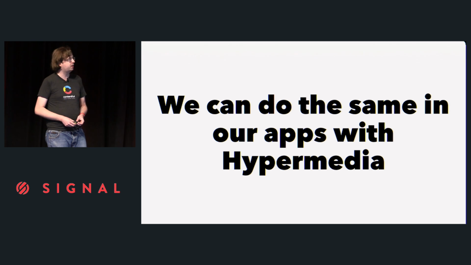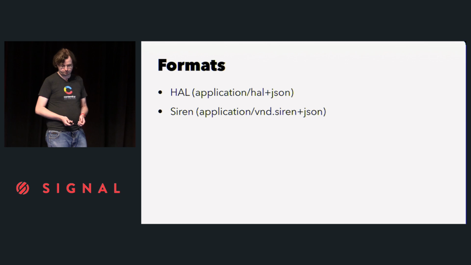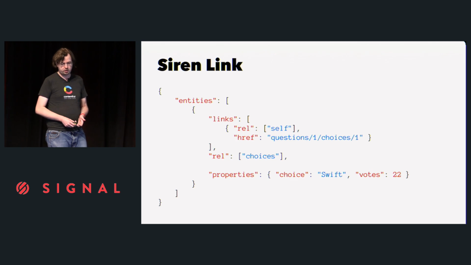And we can do something similar in our apps with hypermedia. There are two main formats for declaring hypermedia things for your API. One is HAL, the other one is Siren, and we're going to look at Siren. Basically, this is a JSON format for exposing the links that you have in your API.